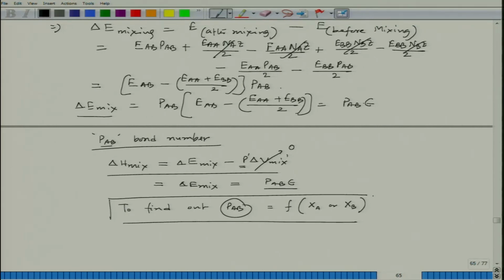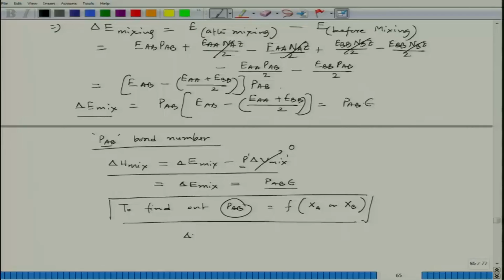This is the final part of the whole exercise, and once we do it, we get to know the expression for ΔHmix as a function of E and x. Let us stop here. We will continue our discussion in our next lecture. Thank you.